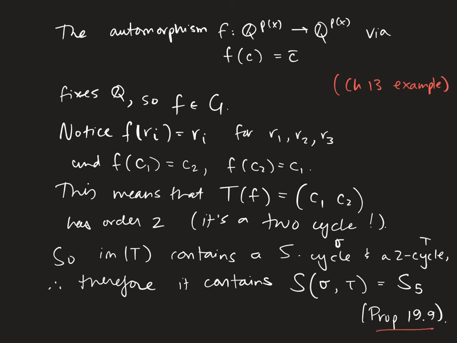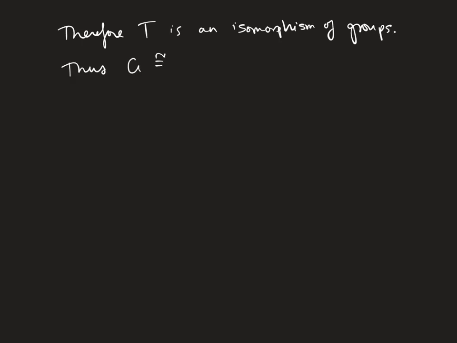All right, what that means is T is onto or surjective, as well as being injective, which is something that we learned earlier. Therefore, T is an isomorphism of groups. Thus, our Galois group, G, is isomorphic to S5. And that's what we wanted to show.